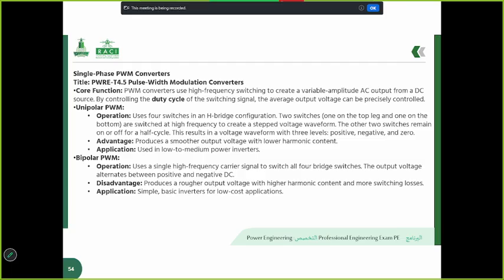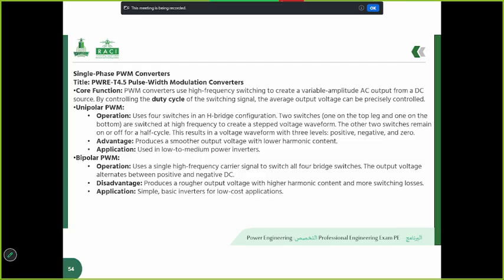So the output voltage of the converter alternates between a positive and negative DC voltage with the duration of this pulse controlled by a high frequency carrier signal. While straightforward, this method produces an output voltage with a higher harmonic content and more switching losses, making it suitable for less demanding low cost applications.